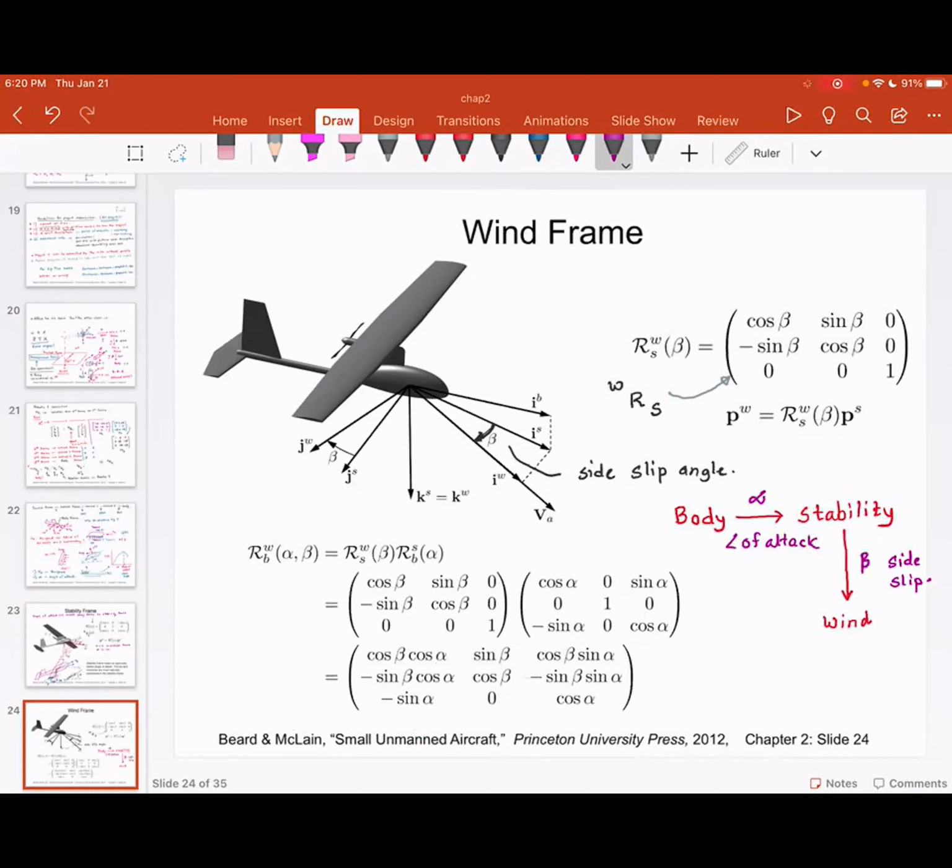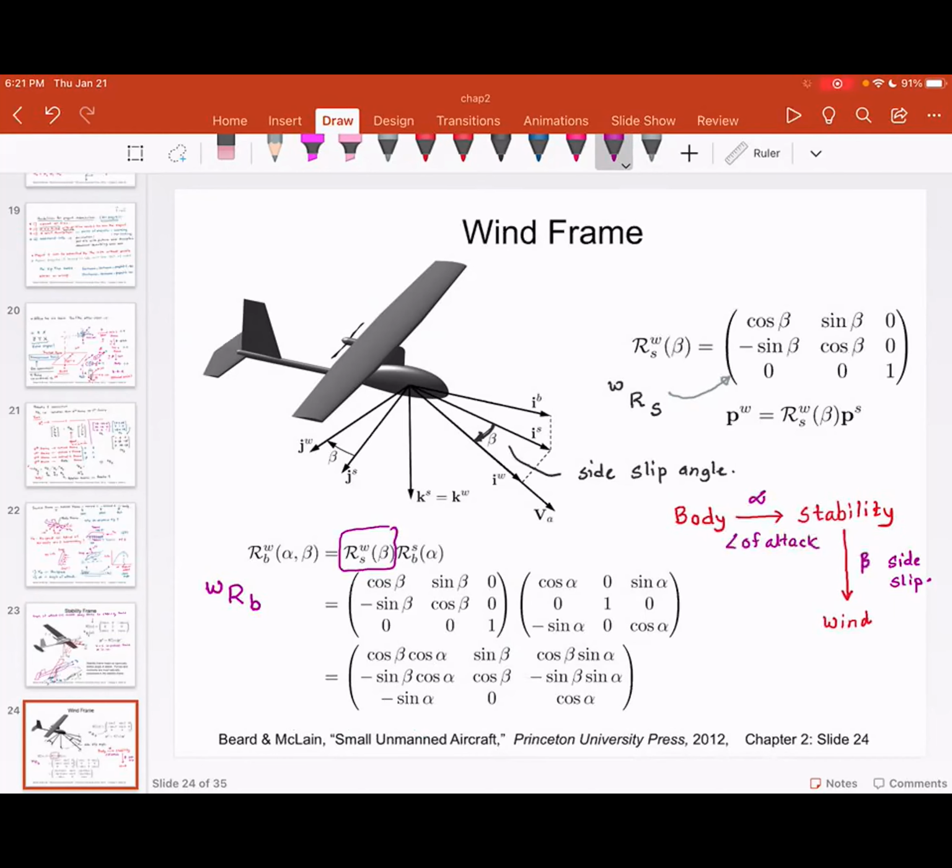And as you can see, for the overall transformation, if you want to go from the wind frame to body frame, you have two transformations. First is the stability frame with respect to wind frame, and then the body frame with respect to stability frame.